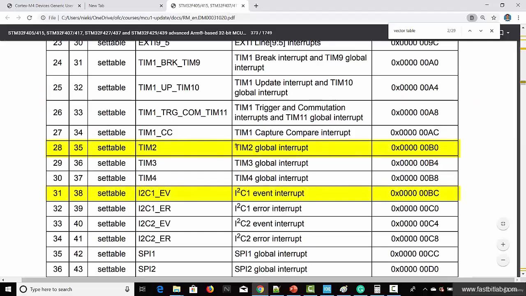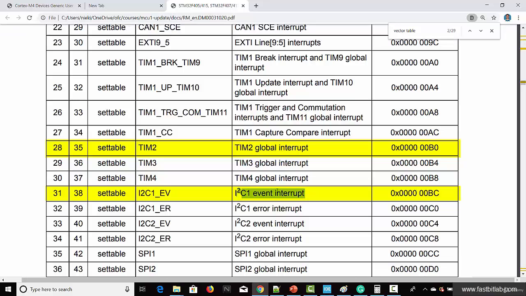For example, let's say the timer 2 interrupt and the I2C1 interrupt happen at the same time, and if both of them have the same preempt priority and subpriority values, then the interrupt with the lowest IRQ number will be allowed first. Here the IRQ number of timer 2 is 28 and the IRQ number of I2C1 is 31. Timer 2 will be allowed first.